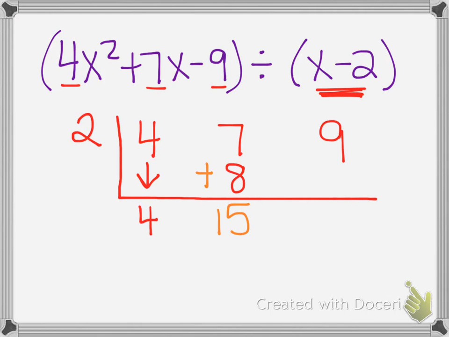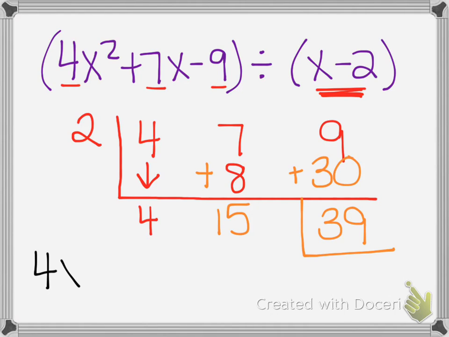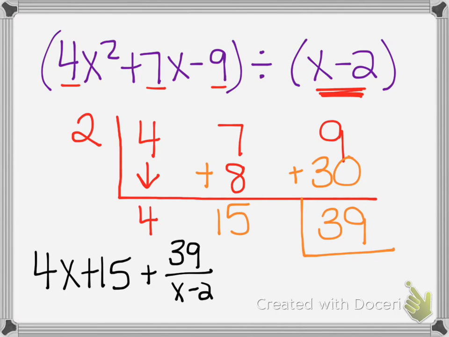Then we have 2 times 15, which is 30. And if you add down, you get 21. Now the last number is always going to be our remainder. So that means that our solution is 4x plus 15 plus 21 over x minus 2.